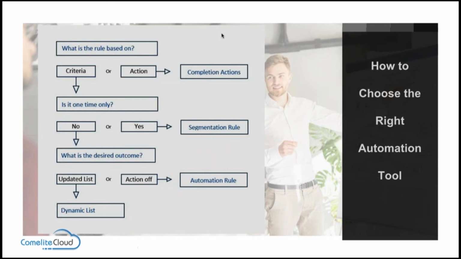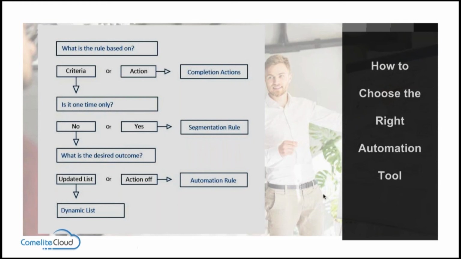Dynamic lists are particularly helpful when we want to run an engagement program, or we want a list that should be updated automatically and not manually. In that place we can use dynamic lists.